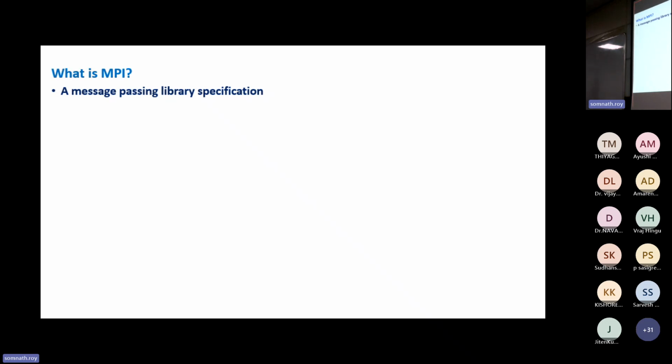There are many APIs for doing shared memory communication. Python has its own module for doing that. But message passing is universally done by the API known as the Message Passing Interface, or MPI.